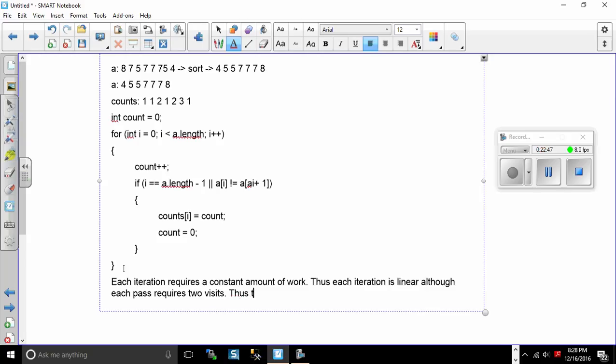Thus, the big O of this particular algorithm is O n log n. So this is the way you would want to count the frequency of elements in an array. Okay, enough said.